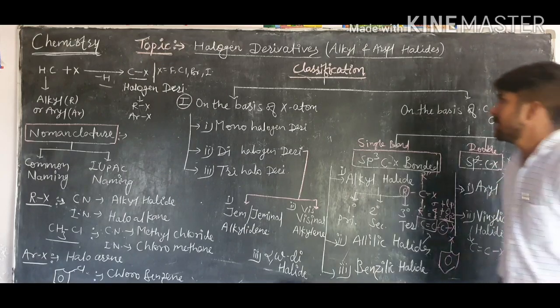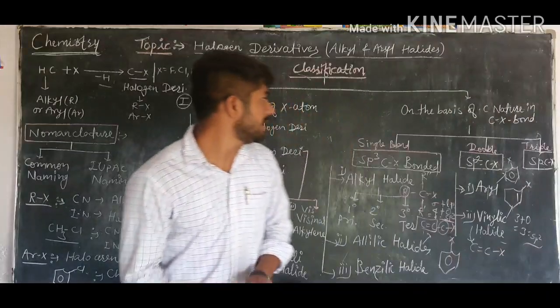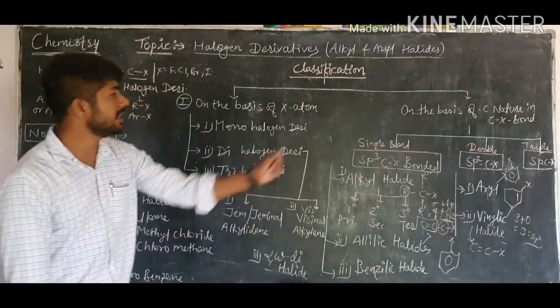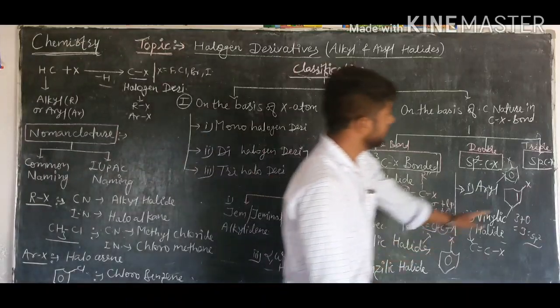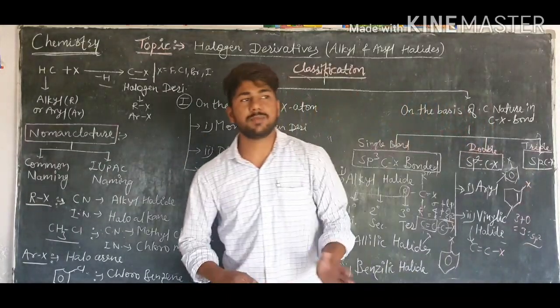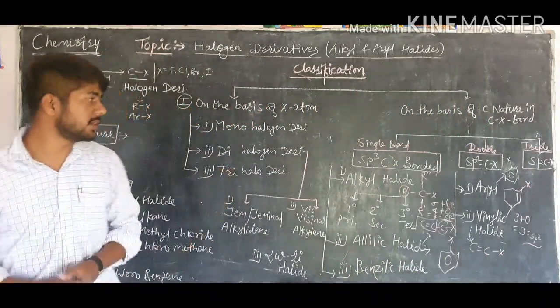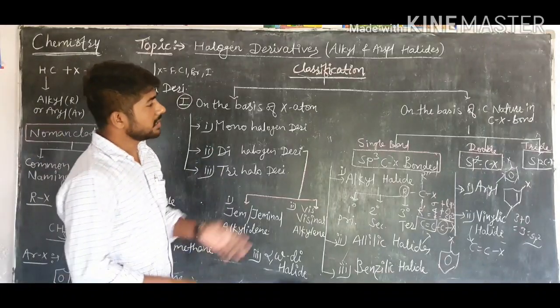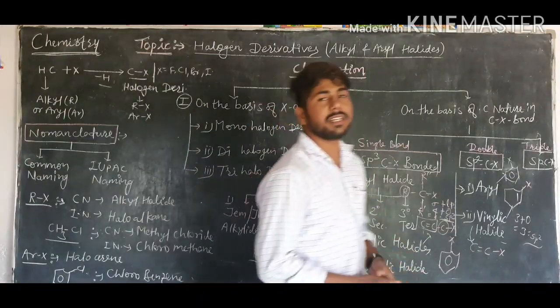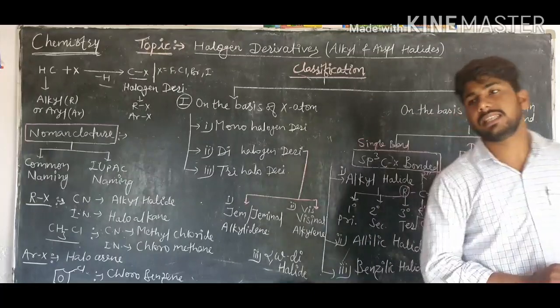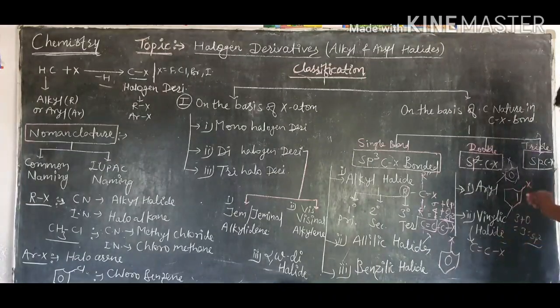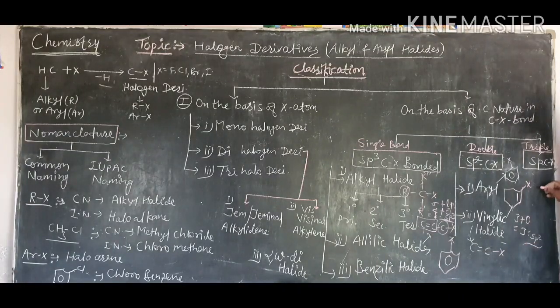aryl type halogen derivatives. After that, the third type is sp C-X bonded halogen derivative. In this halogen derivative, the X-attached carbon has a triple bond, meaning a triple bond will be present in a carbon sequence like this.